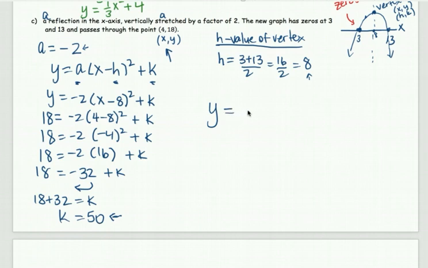We have all the letters that we need, a, h, and k. I'm just going to write the general one again. Okay, and now when we're writing our final equation, remember, don't fill in the x and y. We had to do it in order to find some missing letters, but now when we write our final equation, we leave them as x and y and fill in everything else that we know.